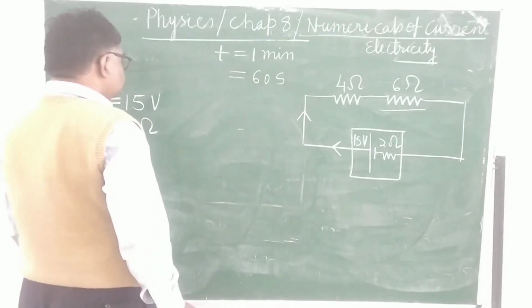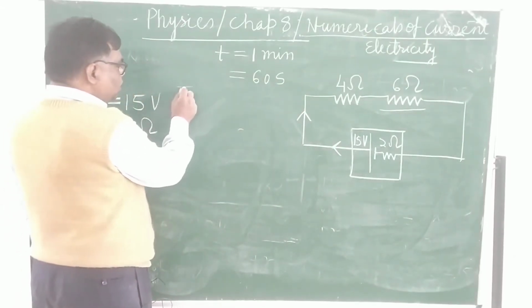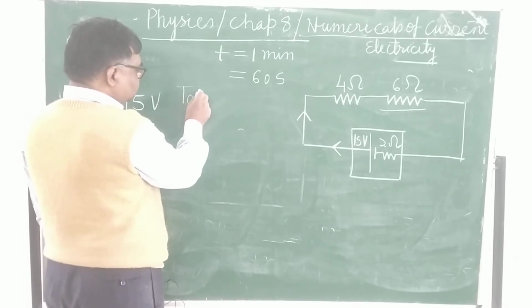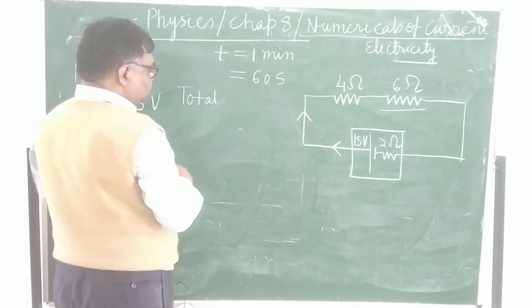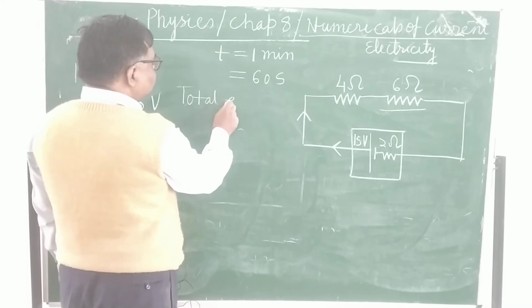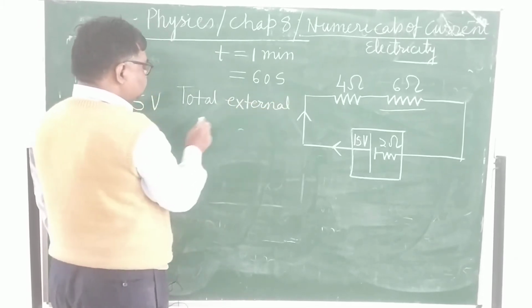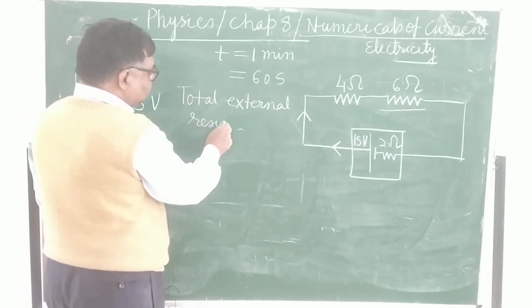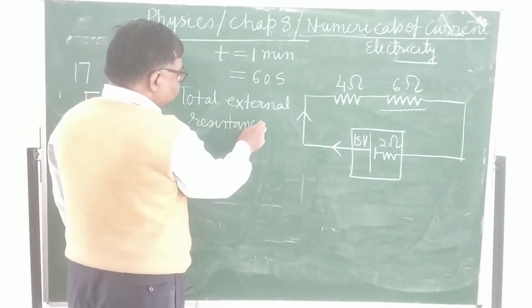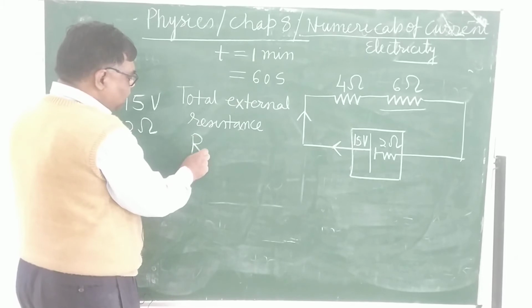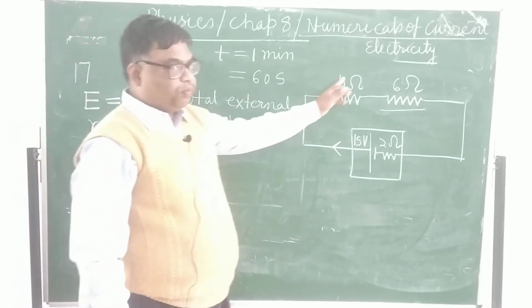It is clear? So see here, what is the total external resistance? Total resistance in the external circuit. R equals 4 plus 6.